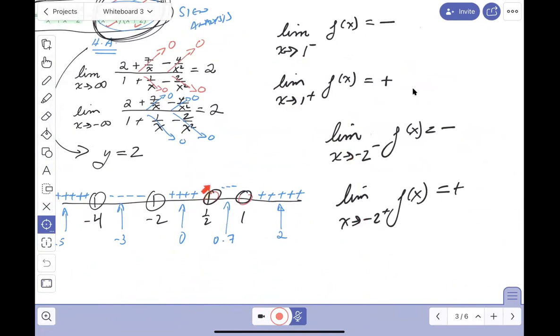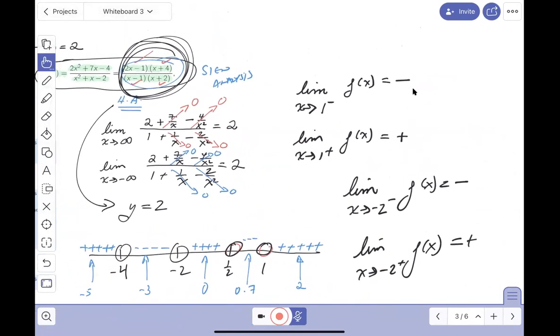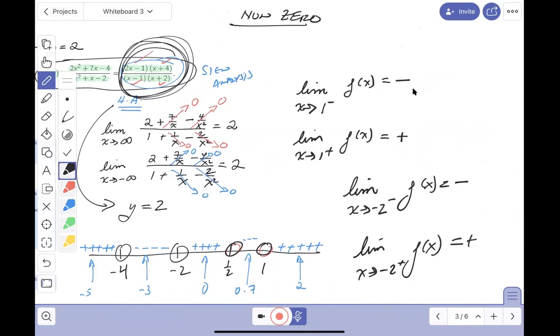So if the bottom is 0, what's going to happen? Well, the top is some non-zero number, but the bottom is getting really close to 0. What's going to happen? Every single time, it's going to blow up.